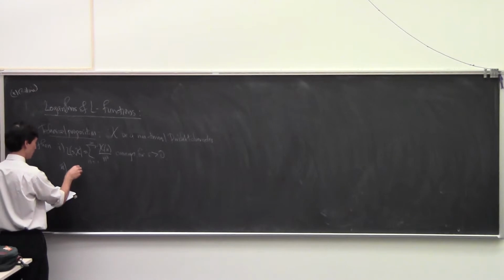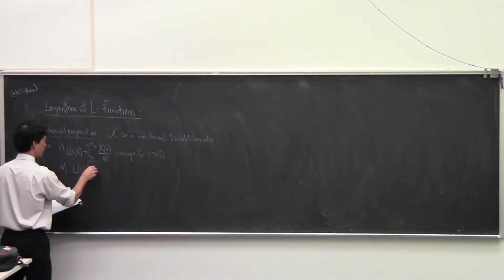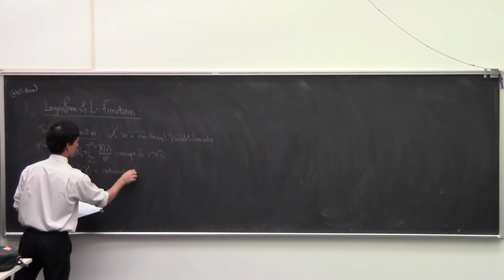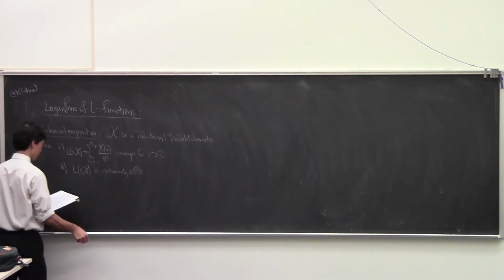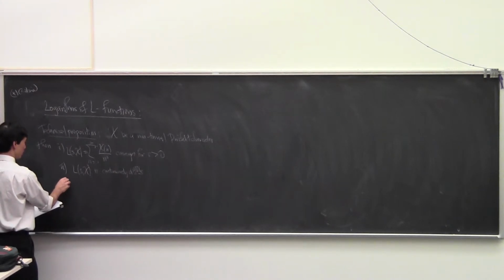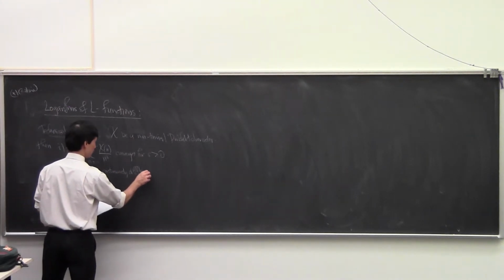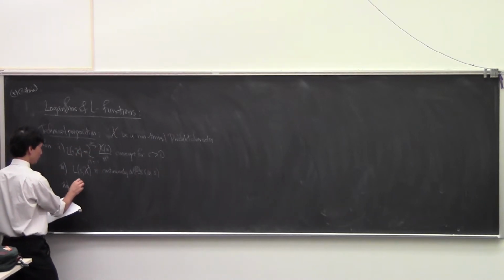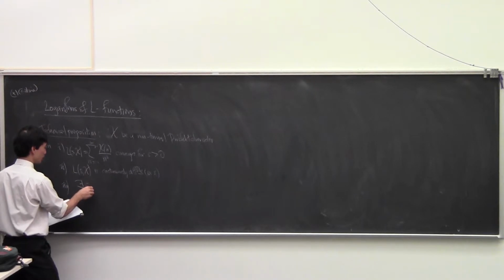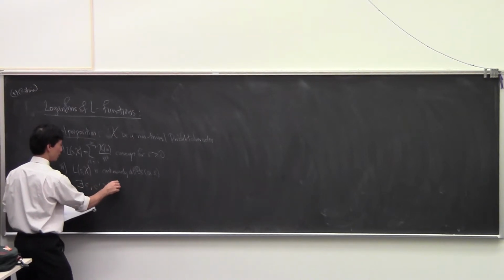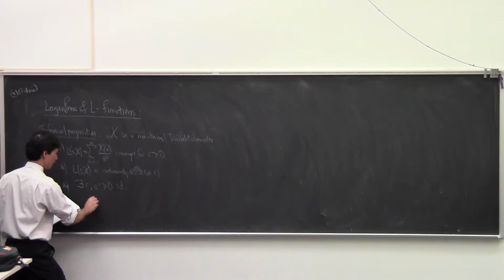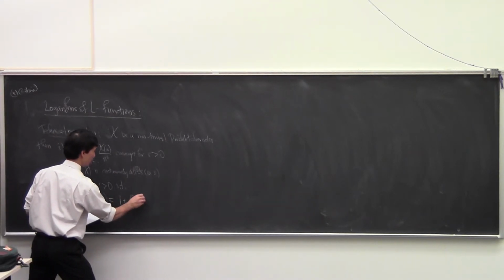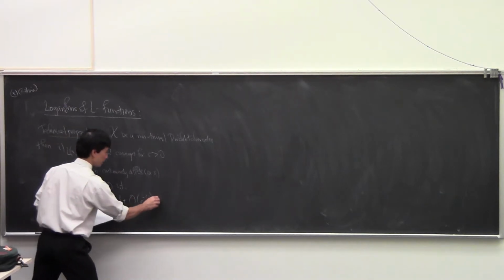Two, this thing is actually continuously differentiable. Three, there exist constants c and c prime such that L(s, chi) is 1 plus big O of e to the minus cs as s goes to infinity.